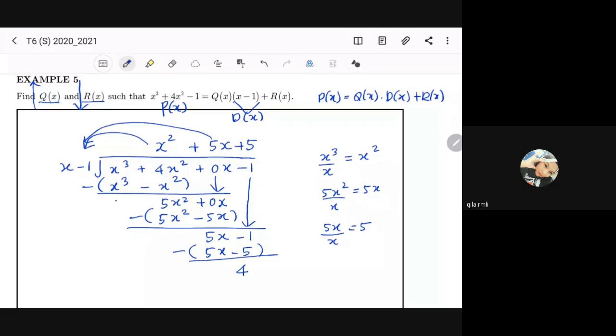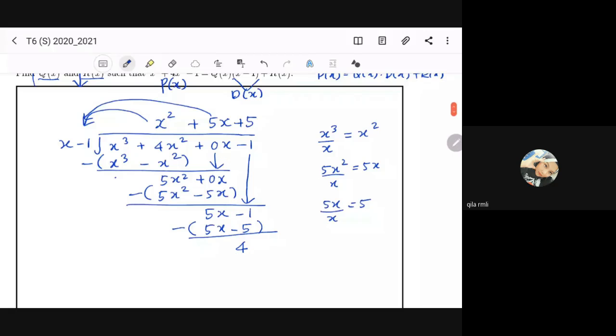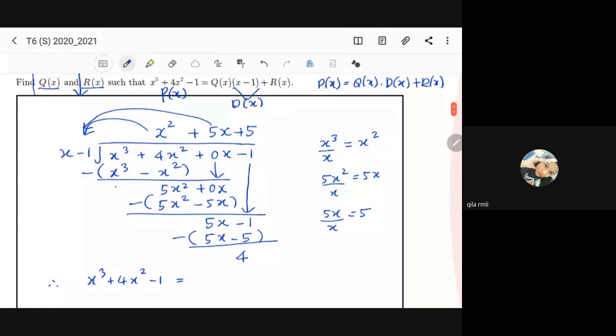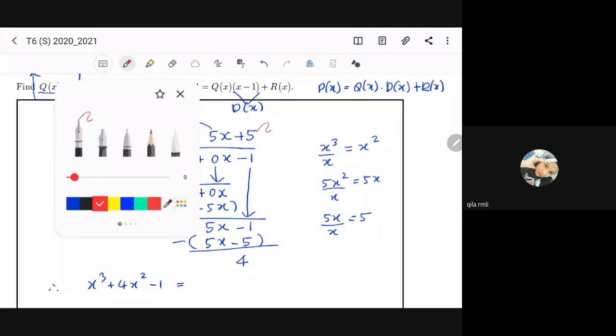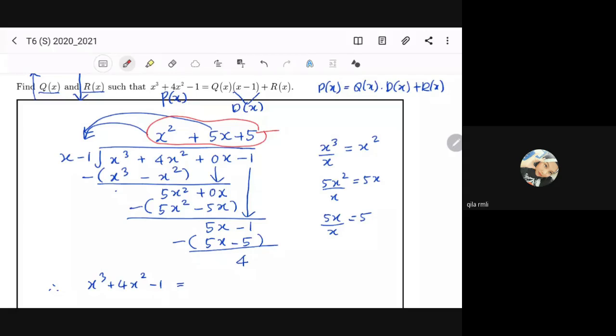Okay. Therefore, x cubed plus 4x squared minus 1 can be written as Q(x) times x minus 1 plus R(x). Yang on the top ini Q(x). Bottom R(x).